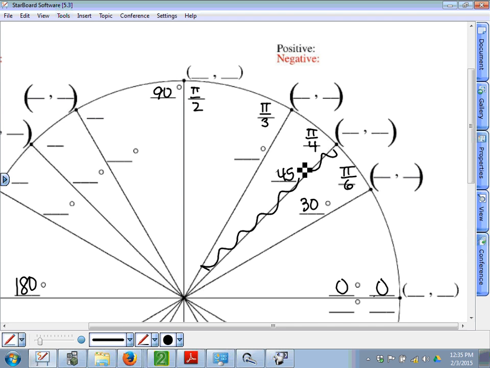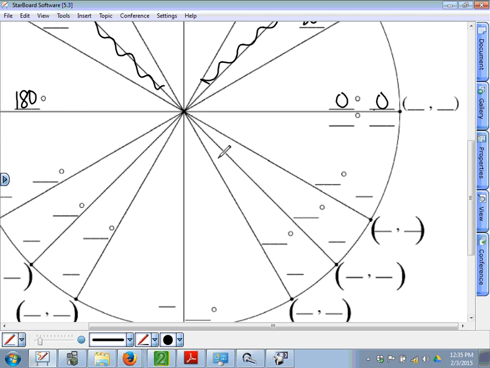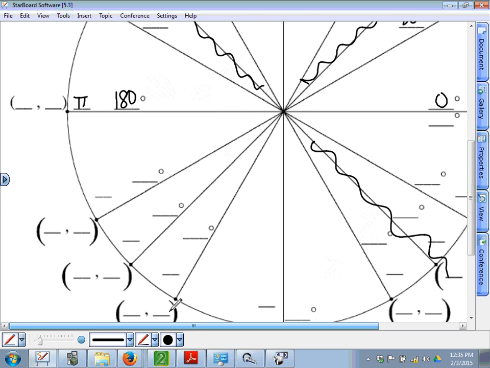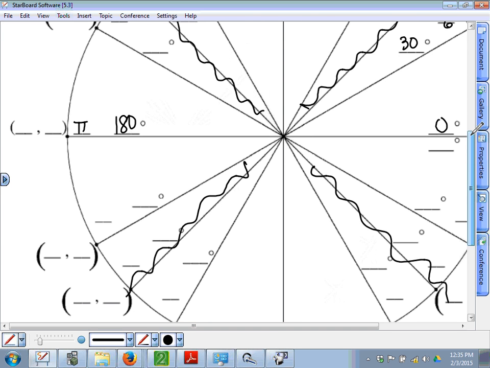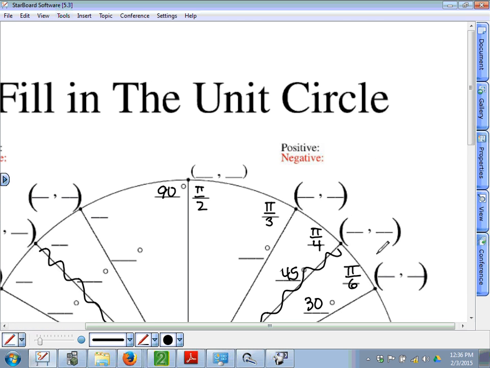For the time being, I'm going to skip all of these lines in the middle, and I'll show you why in a second. I don't want you to cross them out because they are important. But think about this. This is 1 pi over 6. This is 2 pi over 6. This is 3 pi over 6.